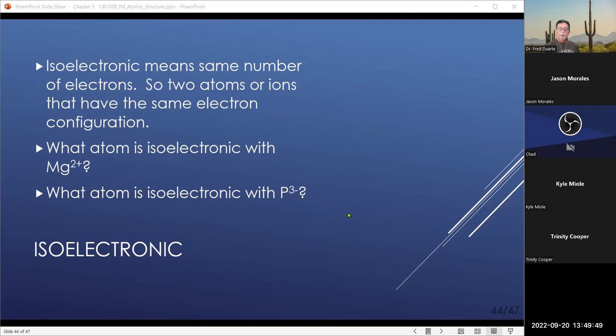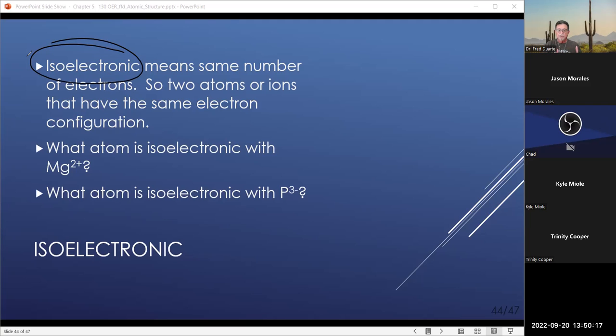Okay, so when we were showing how an element loses or gains electrons so that it has the same number of electrons as a noble gas either in front of it or behind it, we use the term isoelectronic. Isoelectronic: iso meaning the same, electronic coming from the word to describe electrons.